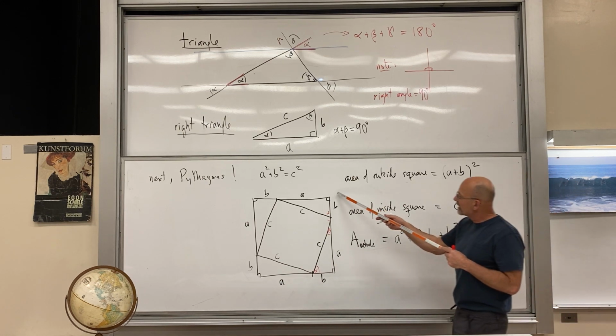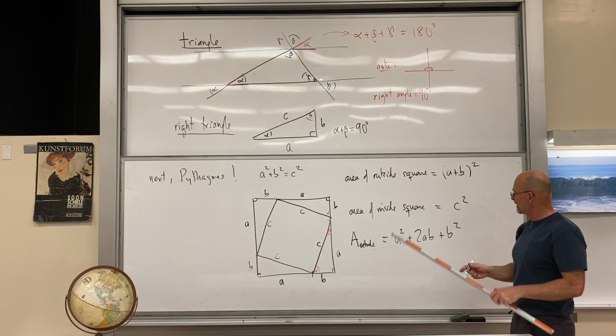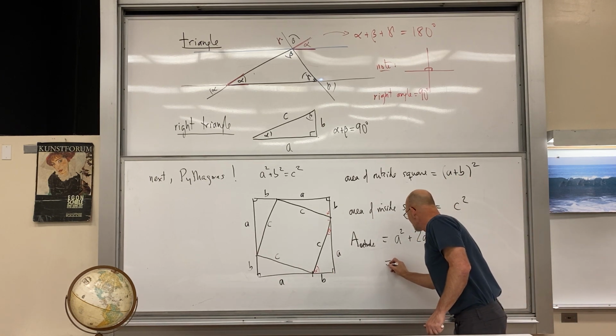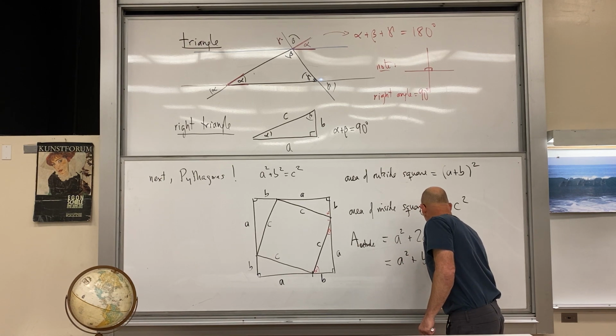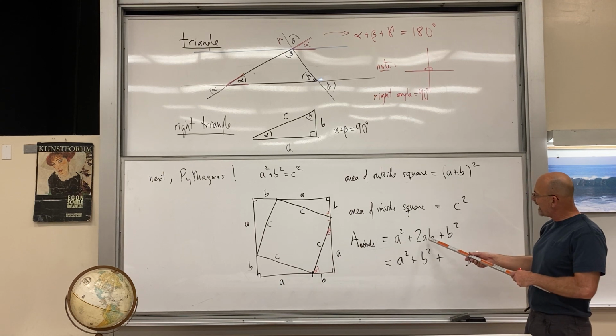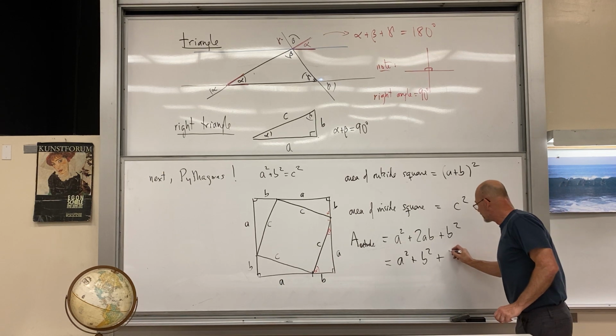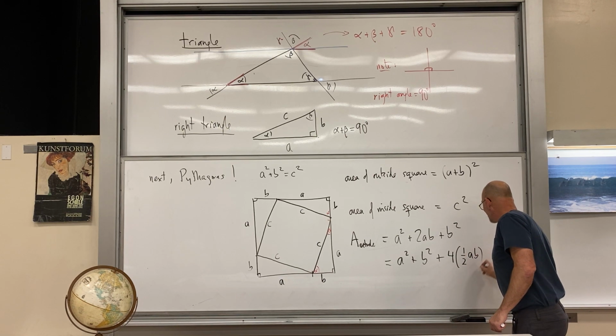So that's the area of the outside square. It equals a squared plus b squared plus, now this 2ab is 4 times 1/2 ab.